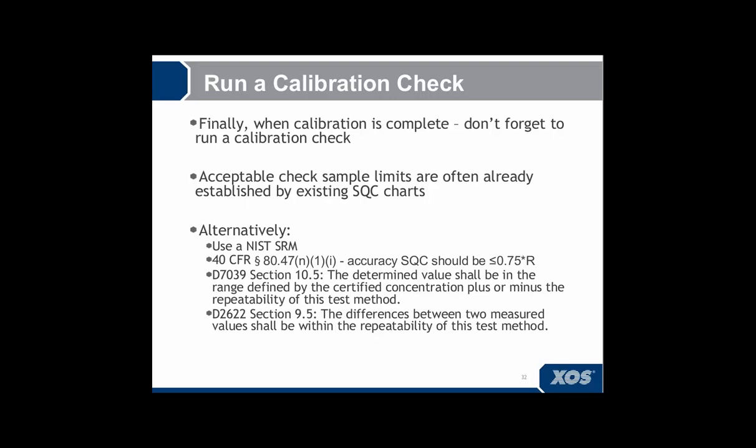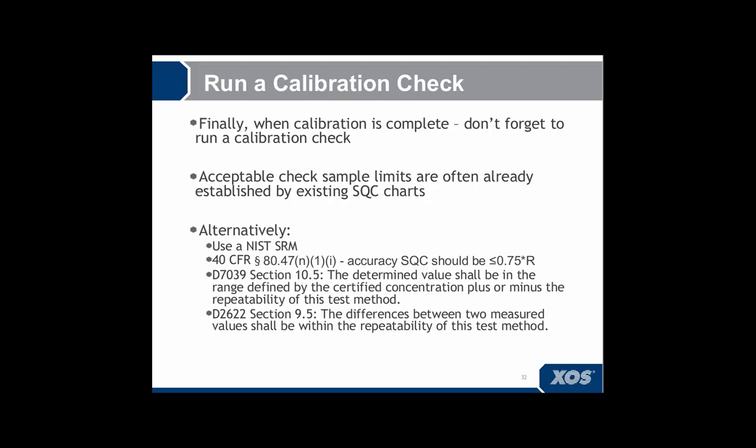If you already have an existing SQC chart, you have upper and lower control limits, so you already know what your acceptable check sample limits are. However, if you have a new analyzer, you may not have this chart available. So what you can do is use a NIST SRM, which will have an acceptability range.